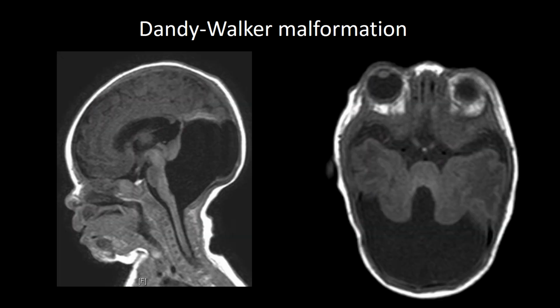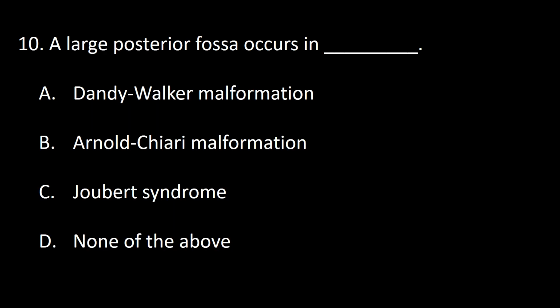The MRI of patients with Dandy-Walker malformation shows cystic enlargement of the fourth ventricle with elevation of the tentorium and agenesis of the cerebellar vermis. Non-communicating hydrocephalus may also be present. So the answer to this question is A.